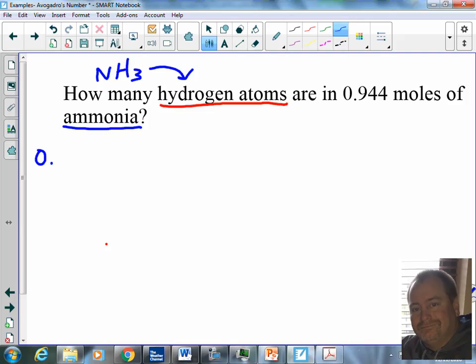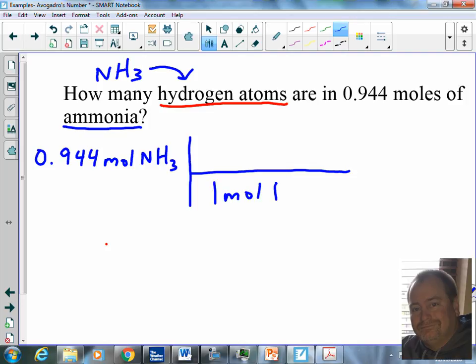So 0.944 mole of ammonia. I'll do my conversion box just like I have been doing. And if I follow my flux capacitor right, it's going to tell me that 1 mole of ammonia is Avogadro's number of molecules of ammonia.